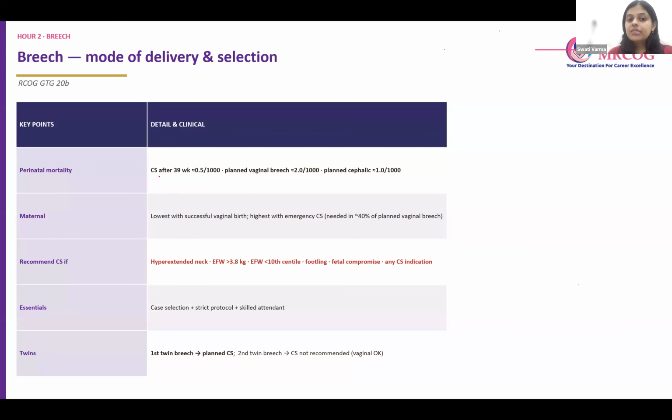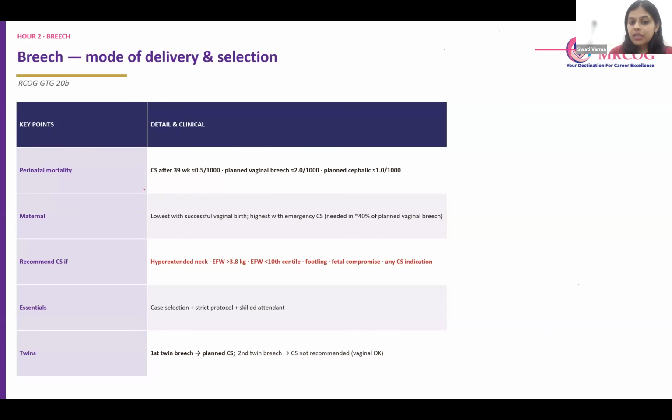So keeping this in mind, with cesarean section after 39 weeks, the perinatal mortality incidence is 0.5 per thousand. If you do a planned vaginal breech birth, it rises to 2 per thousand. Whereas for planned cephalic birth, just contrast it with this number, perinatal mortality is 1 in 1,000. For planned vaginal breech birth, it doubles to 2 in 1,000, whereas if you straight away go for cesarean section, it is 0.5 per thousand.